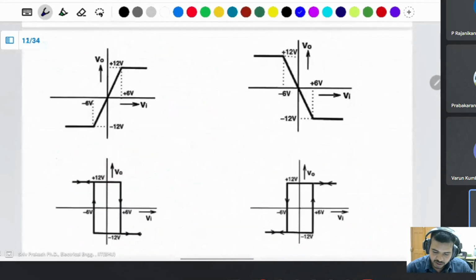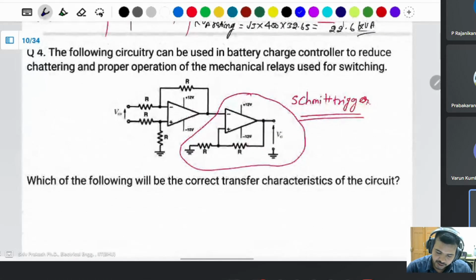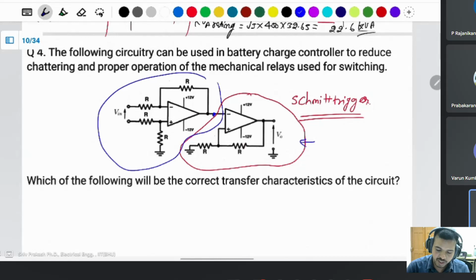In your question, a Schmitt trigger circuit is given, but the input is not directly a Vs supply voltage. Here is some circuit that gives the voltage. First calculate this voltage Vs. Then after that you can use the Schmitt trigger.